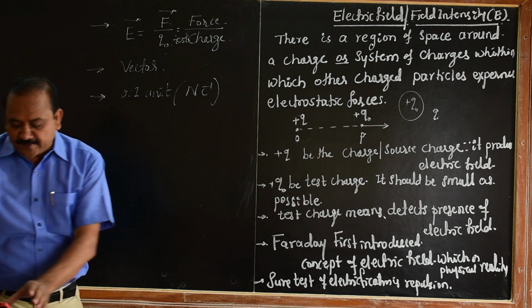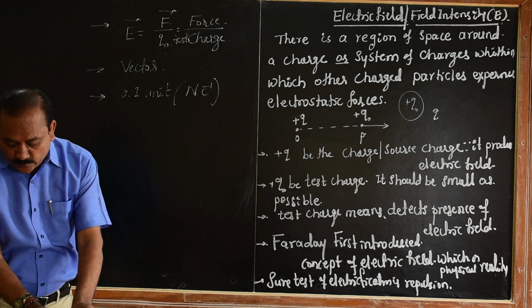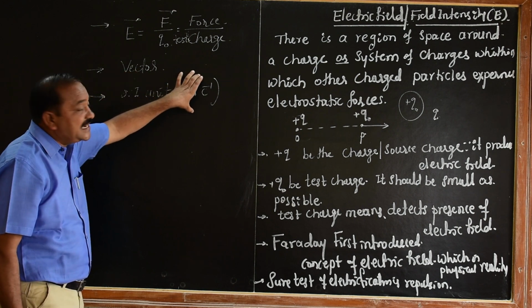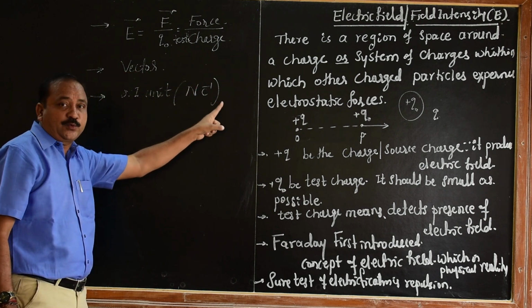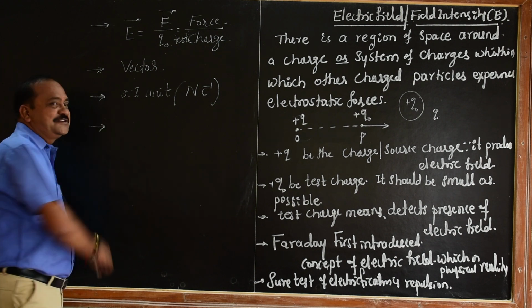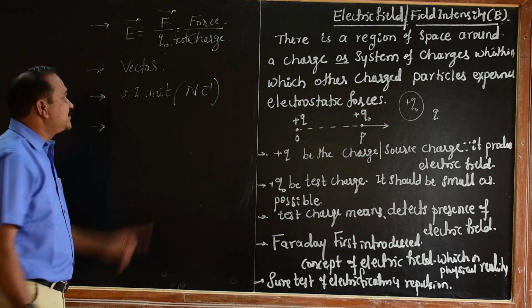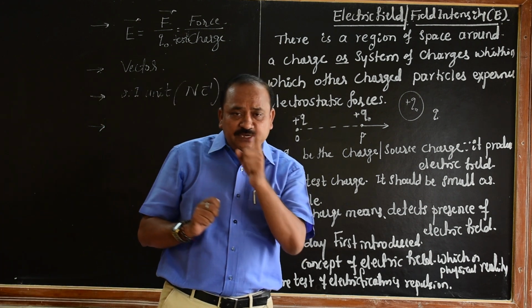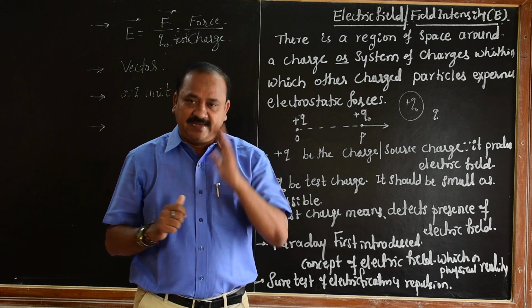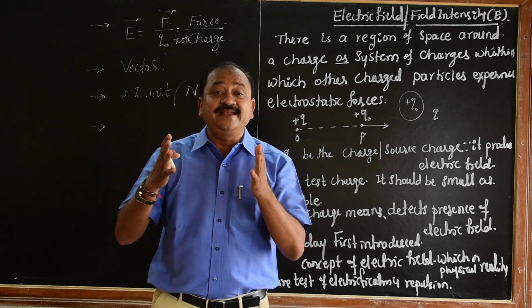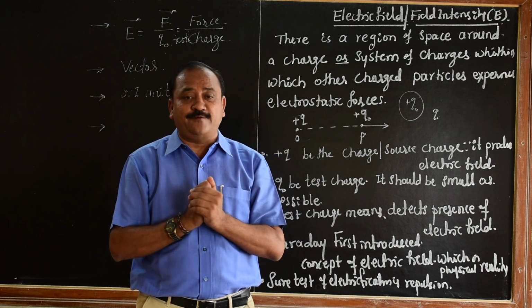So with reference to this, the SI unit of the electric field is Newton per coulomb. The next one is the dimensional formula. How to write the dimensional formula? As I told earlier, in first PUC you studied how to write dimensional formulas.